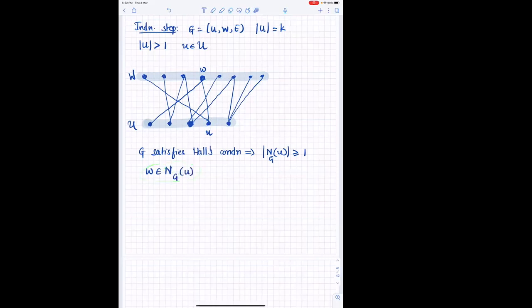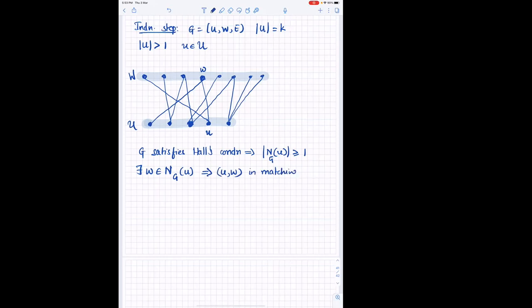That is, you're looking at the neighbors of u in the graph G. This is clear. So now this particular edge we know is in the graph G. From this, what do we know? We know that there is a w in the neighborhood, and you can use it to match, right? So this means that you can put uw in the matching M.